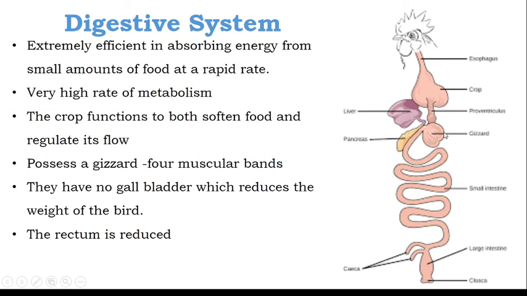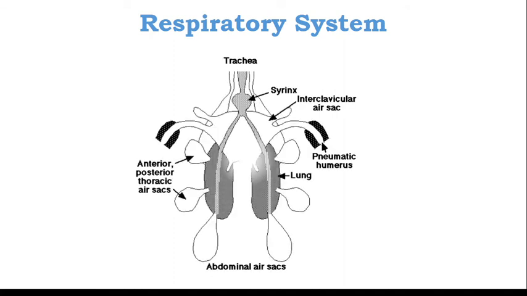It is a modification. The next is the respiratory system. It is well developed and designed in such a manner that food is oxidized rapidly and a large amount of energy is released. It has well developed lungs with air sacs. These are the lungs, and these projections are called the air sacs.